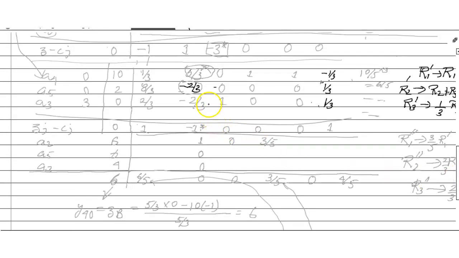You just take 5 by 3, so it is obviously 5 by 3, and this portion is minus 5, and this portion is 5 by 3. If I divide it by 5 by 3, this is 1 by 5.